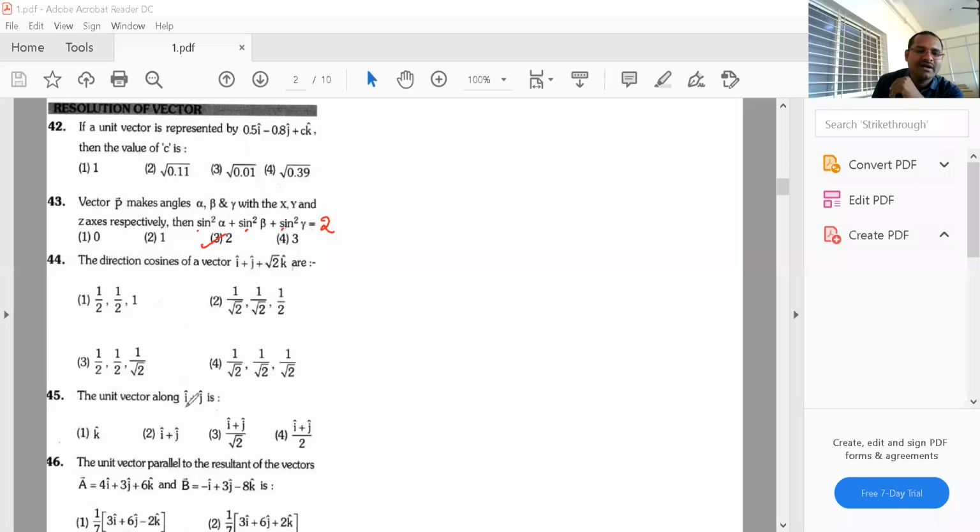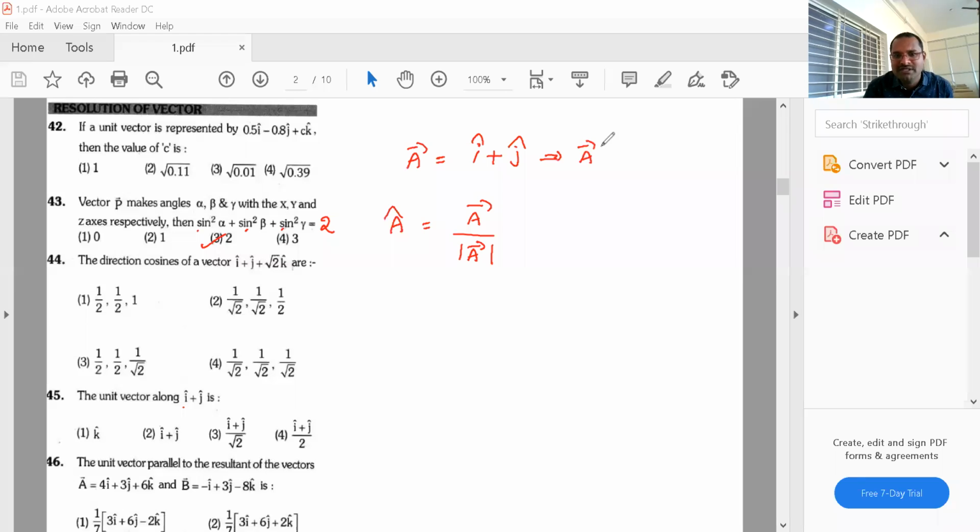Next, question number 45. A unit vector along i cap plus j cap. There is a vector given, i cap plus j cap. For example, this is a bar. How to write the unit vector? A bar by modulus of a bar. Yes or no? Okay. What is the modulus of a bar?